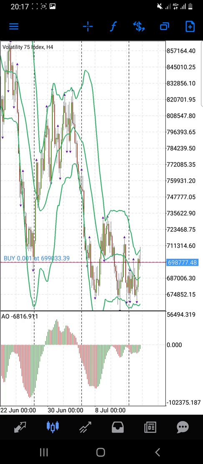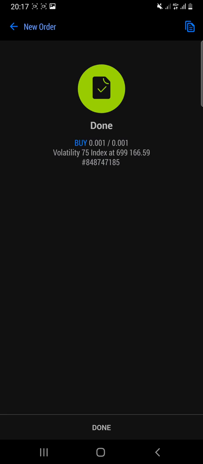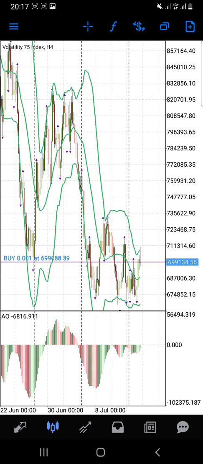Now you can see this is a buy position I just entered. Now peradventure, let me enter two buy positions, because one of my TP is going to be at 50 pips, the other one is going to be at 100 pips. So now how do I calculate pips for the buy market?